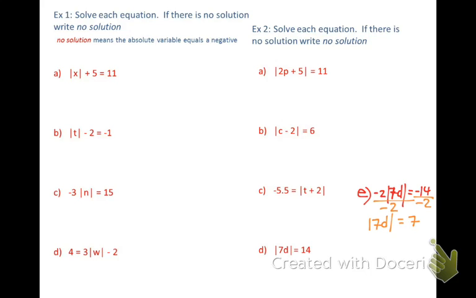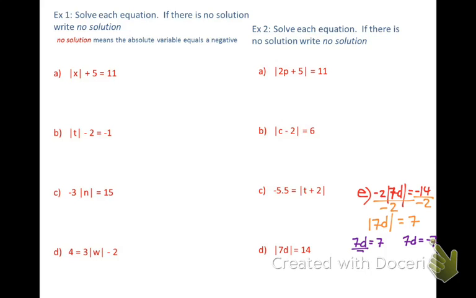Now the absolute value is by itself and it equals a positive. So we can make two equations, so you're going to have 7d equals 7 and 7d equals negative 7.